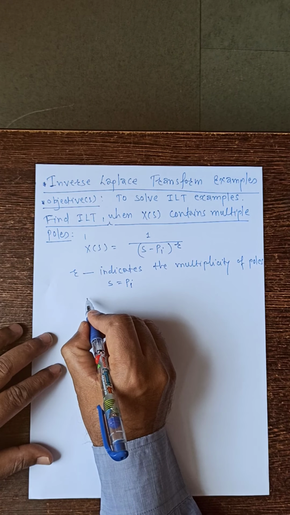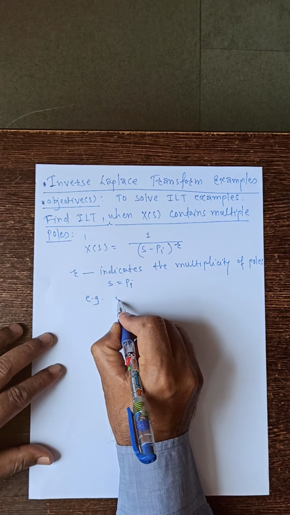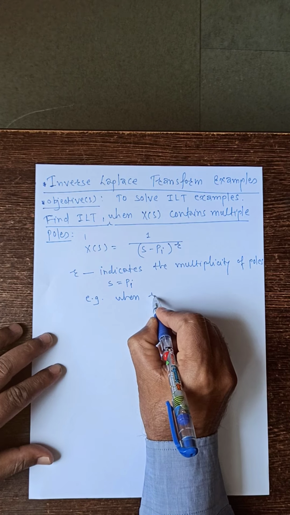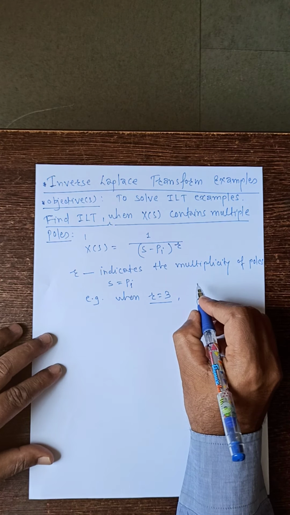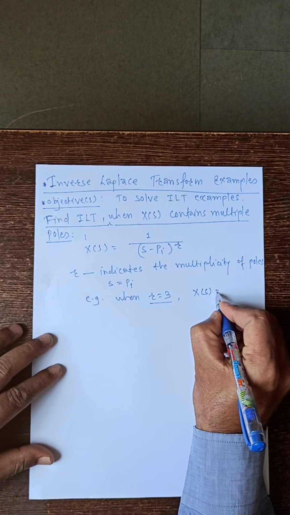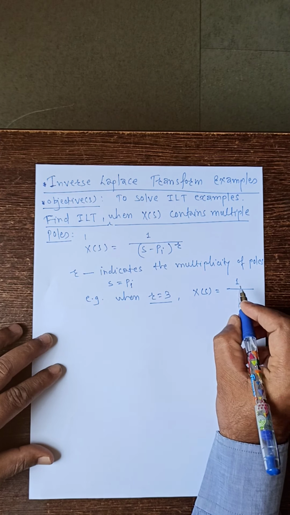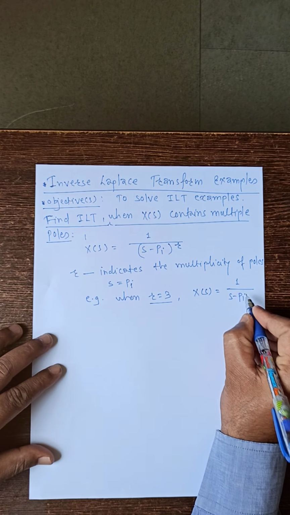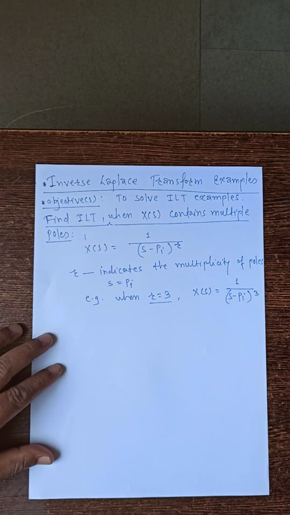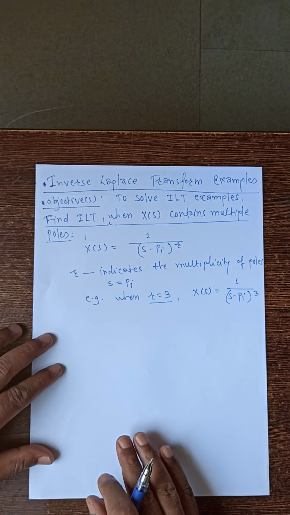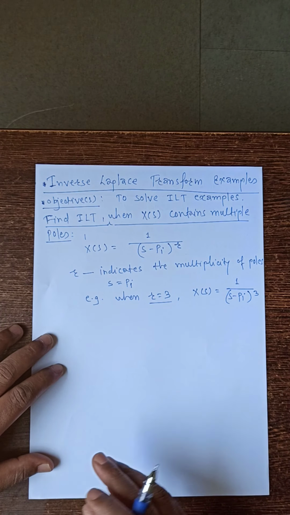For example, suppose r is equal to 3, the above equation becomes X(s) equals 1 divided by (s minus pi) raised to 3. Then in this case, multiple poles are there, that means 3.